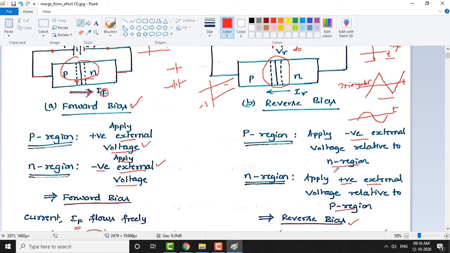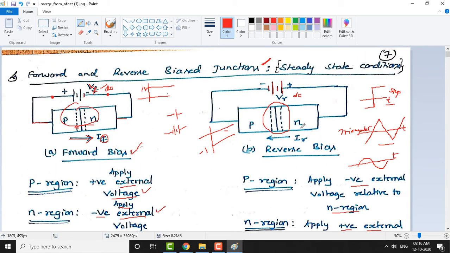The reason I am saying minority carriers is because, when you set up this kind of bias, the holes present here start moving to the negative terminal of the battery. Electrons present in the neutral N region keep moving to the positive terminal of the battery. That means majority charge carriers are not moving through the junction, whereas minority carrier movement happens through the junction.